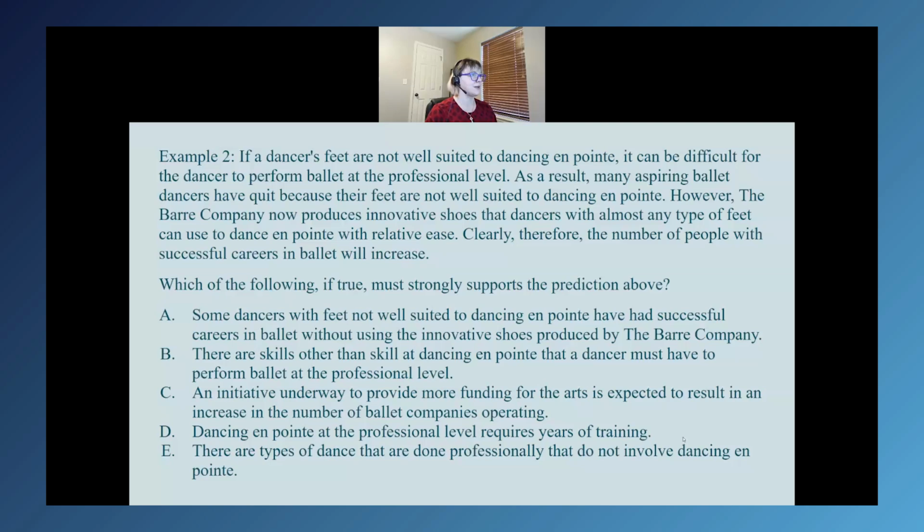So the fact that two people were able to swing it without the help of the shoes doesn't mean much. It could also be a lot of people, but we don't know that because some is a very vague amount of people. And so that is why A isn't really helpful. The fact that some amount of people did this thing is just not enough information for us to strengthen the conclusion.